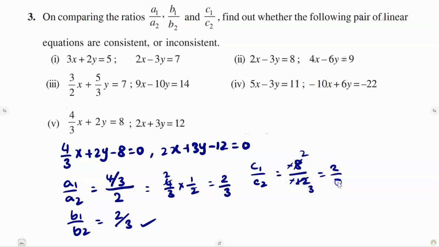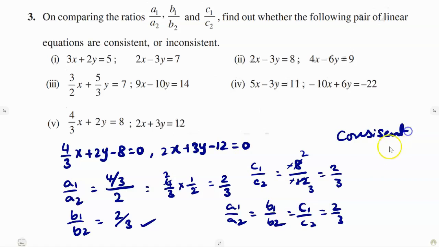So c1 by c2 is also 2 by 3. So whenever a1 by a2 is equal to b1 by b2 is equal to c1 by c2, and they are all equal to 2 by 3, the two equations are consistent again. They are consistent and also coincident lines, and they have infinite solutions. Okay.